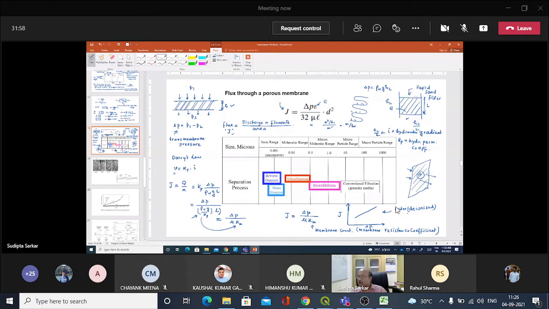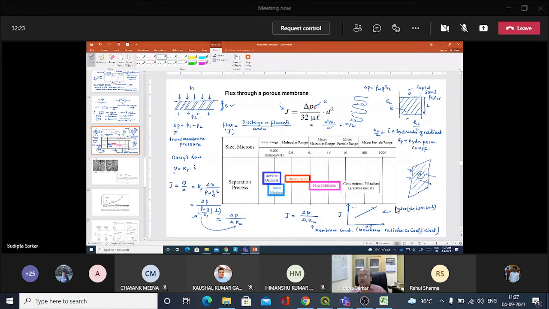Or maybe it is good for water with any contamination or suspended particle. But if we have a suspended particle, then can we withstand a very high pressure of operation?